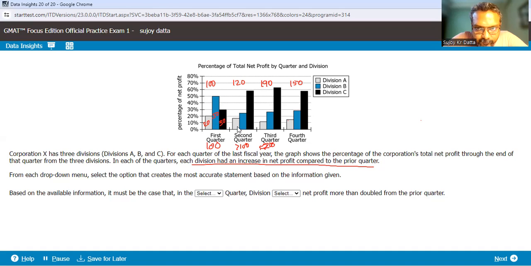We can't say that for division A anywhere as such. Okay, we can't say it for division B either. It is slightly more, and in fact, it's decreased. And here it is almost the same. It's not doubled. The only doubling can happen with division C, just to be sure of that.